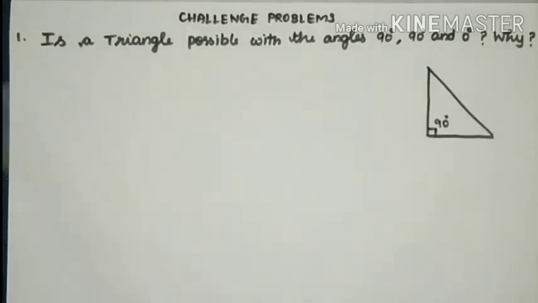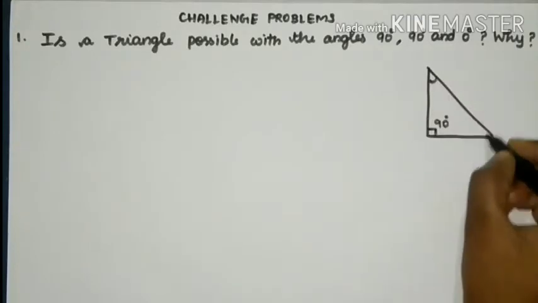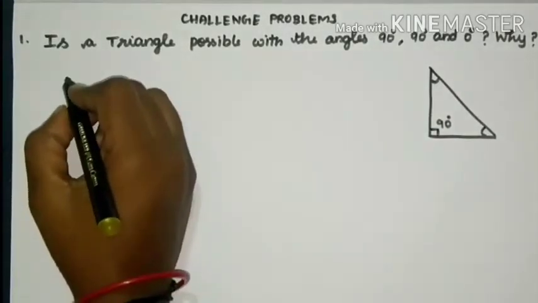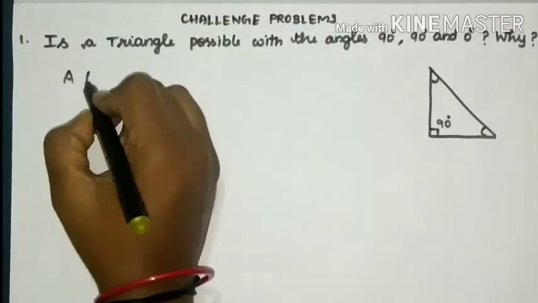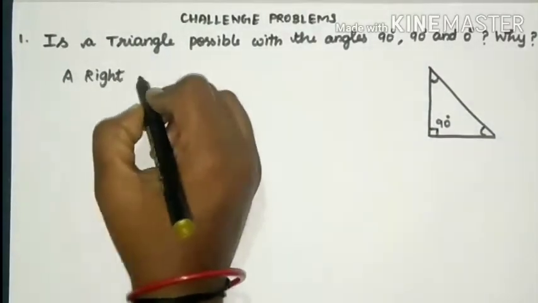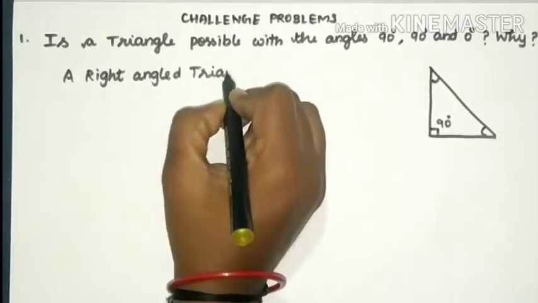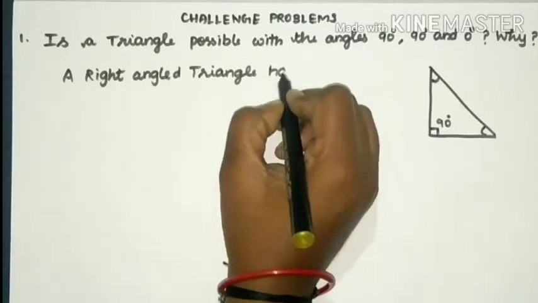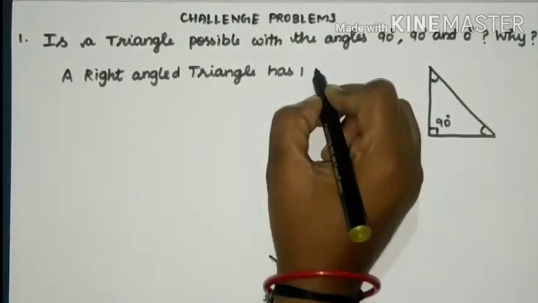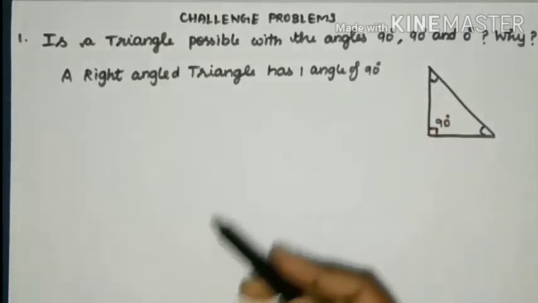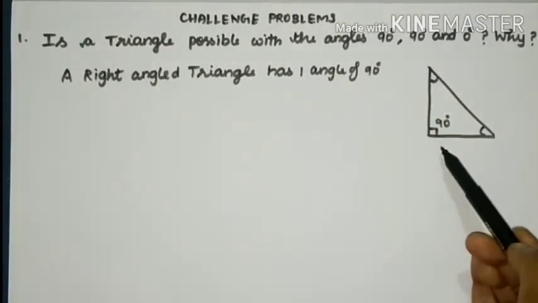See, a right angled triangle has one angle of 90 degree.